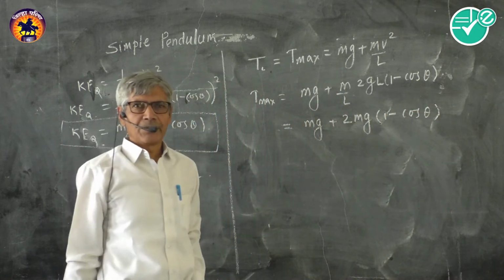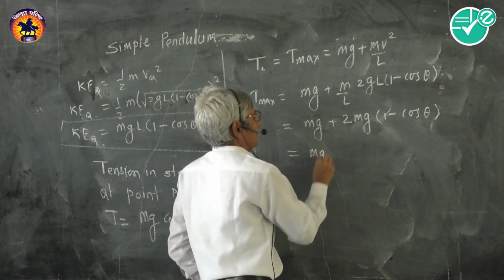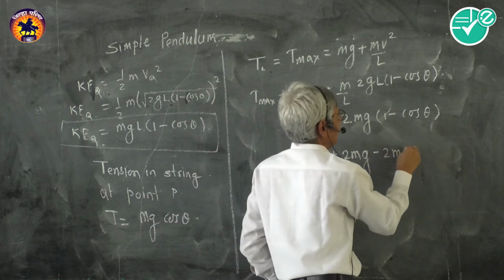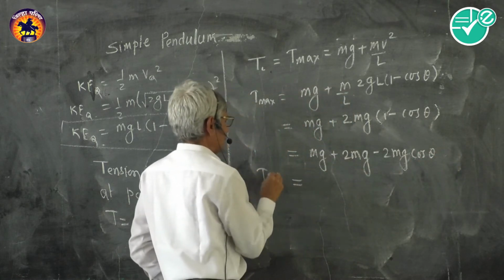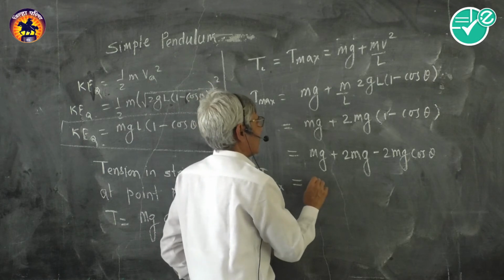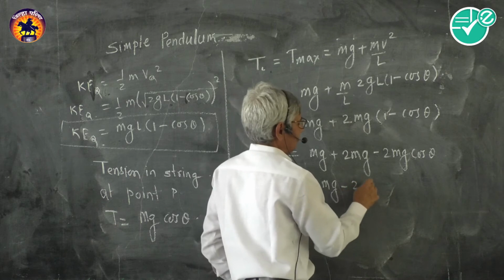If we rearrange this term, mg plus 2mg minus 2mg cos theta, we have the result for the maximum tension as 3mg minus 2mg cos theta.